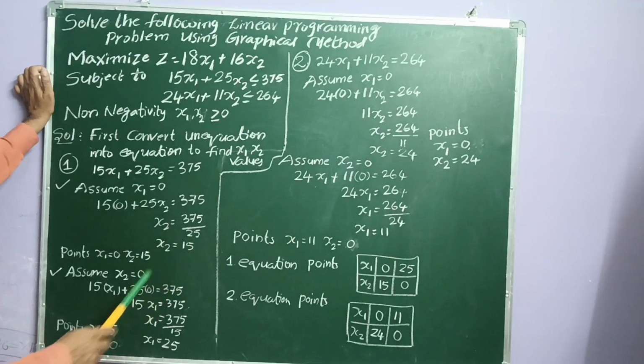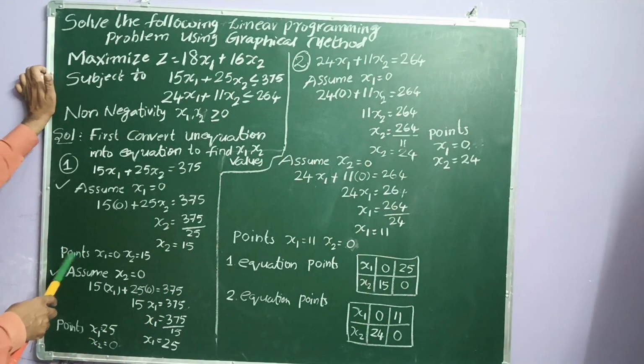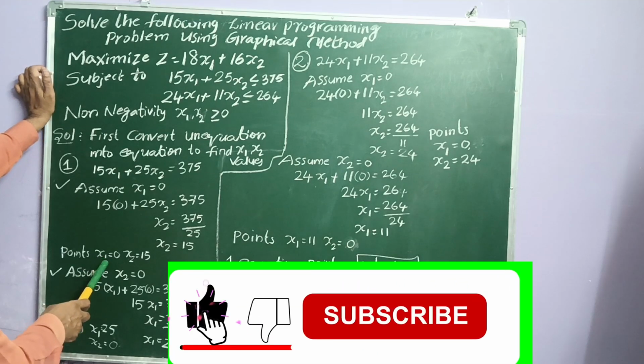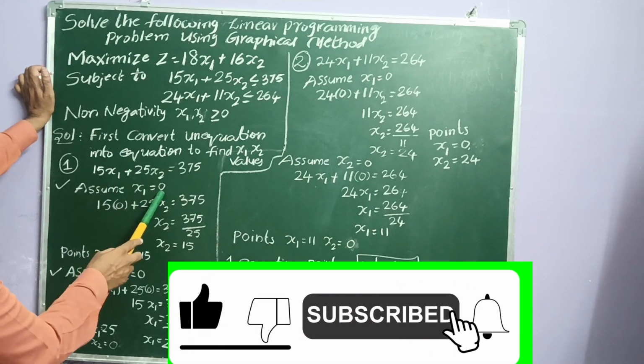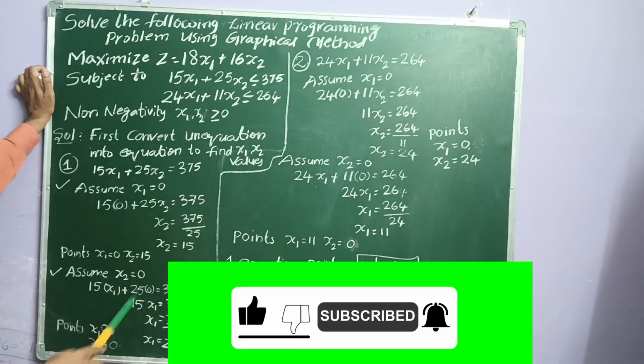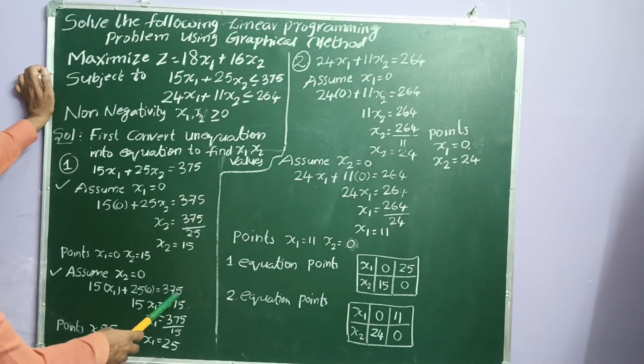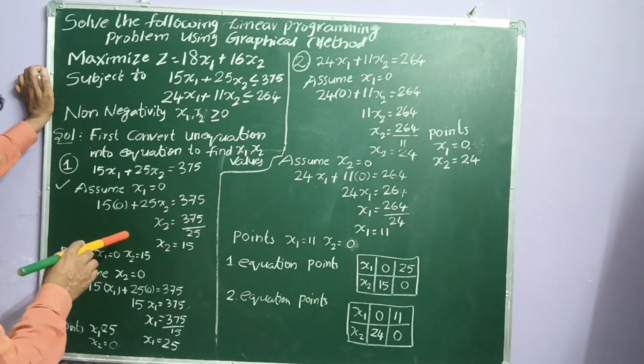After getting these values, we write the points. We are finding the x1 and x2 points here. So x1 is 0 and x2 is 15. This is the first one. The next one, assume x2 equals 0. 15 into x1 plus 25 into 0 equals 375.